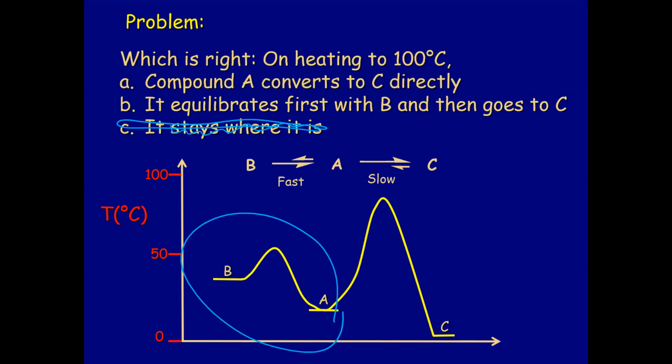That equilibrium might be favoring A, and here it looks like it will be favoring A, but there will be an equilibrium where you will have A forming, and from that point onwards, you will get C.